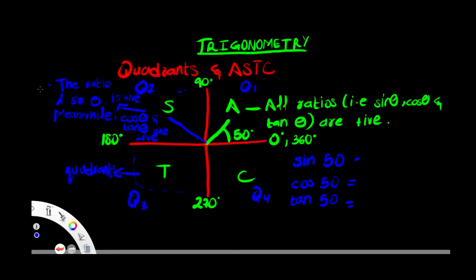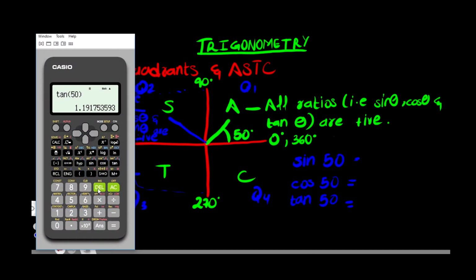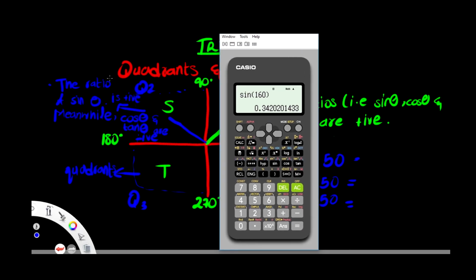Let's say I plug in an angle that lies between 90 and 180 degrees, say sine 160. This is going to give me a positive value, and since I claimed earlier that sine theta gives us a positive value, this confirms our claim. However, if I plug in cos theta, this will give me a negative value, and so will tan theta. So let's see, and yes, it does. It is giving us a negative value.